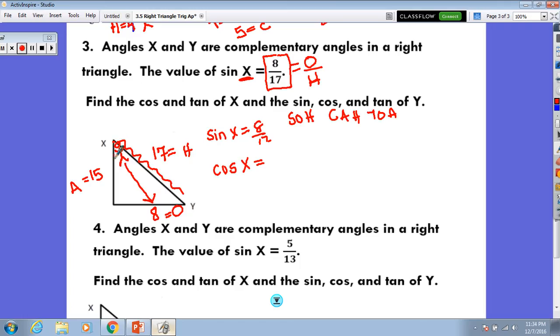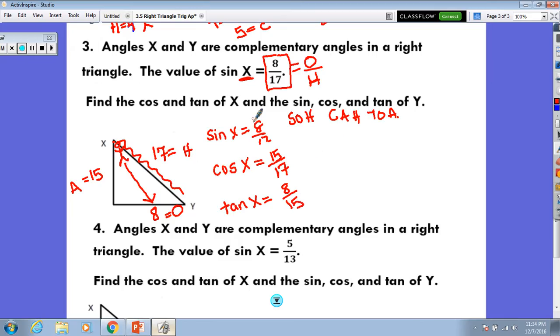So adjacent would be 15 over hypotenuse, which is 17. The tangent of x is opposite, 8, over adjacent, 15.